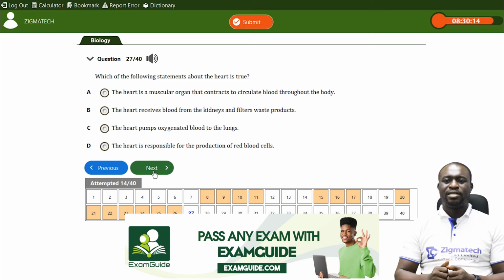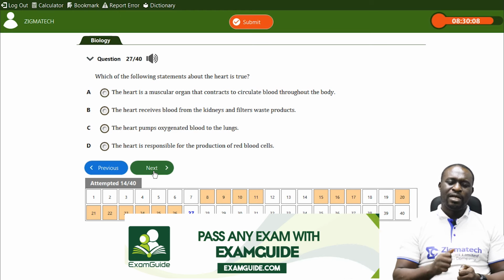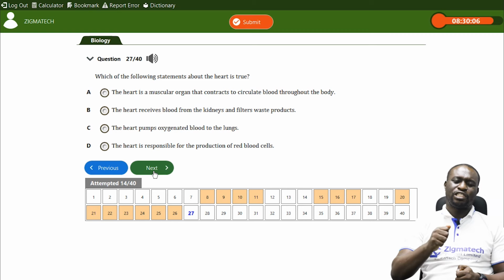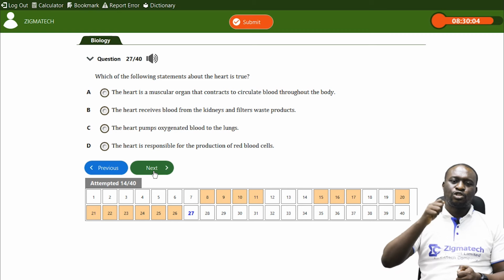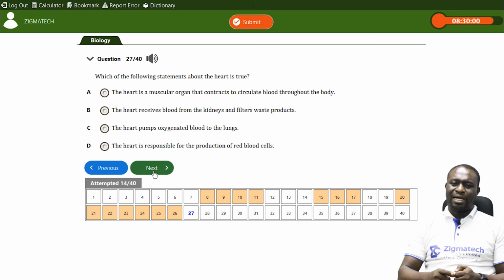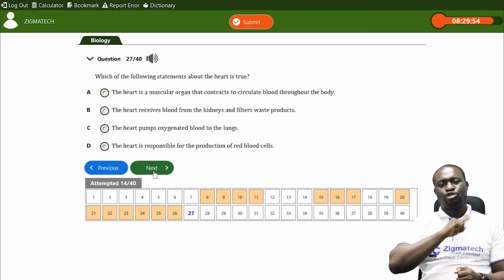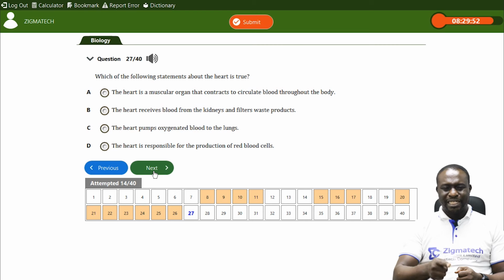Option C says the heart pumps oxygenated blood to the lungs. Wrong. The heart pumps deoxygenated blood to the lungs so that it can be oxygenated when it gets to the lungs. It is the pulmonary arteries that carry blood from the right ventricle to the lungs to be oxygenated.